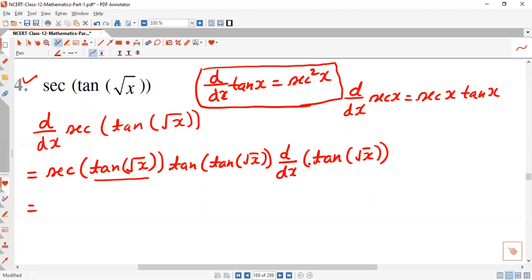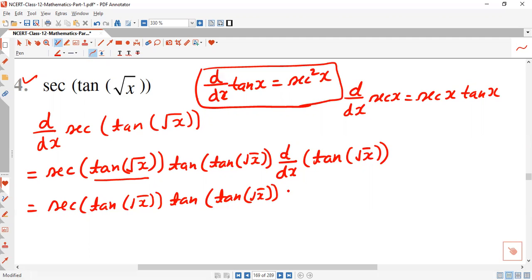So using this formula, these terms will remain the same: sec of tan of root x, tan of root x. The differentiation of this one will come out sec square of root x.